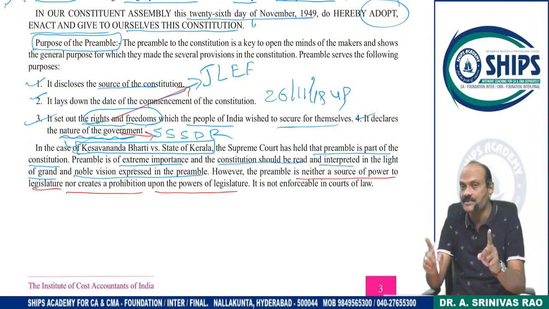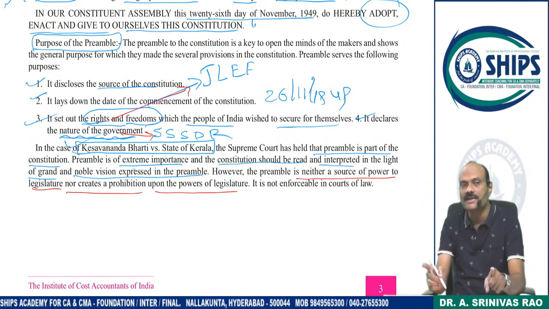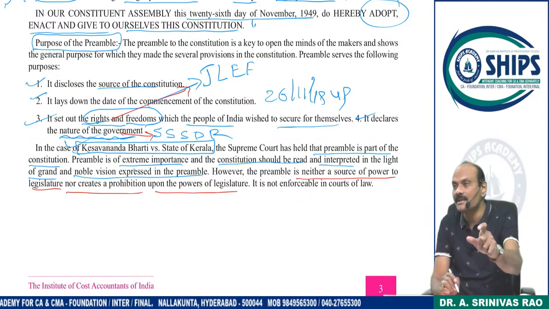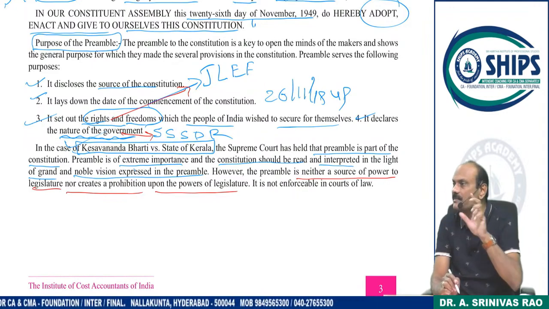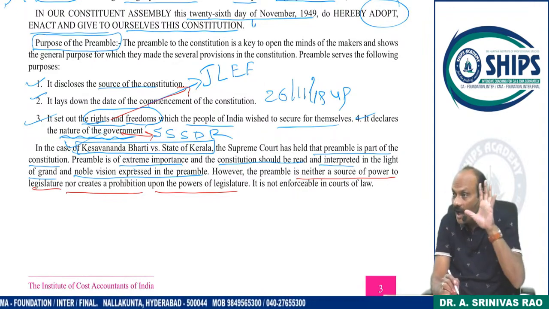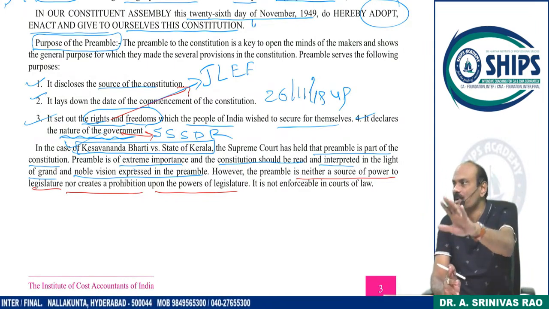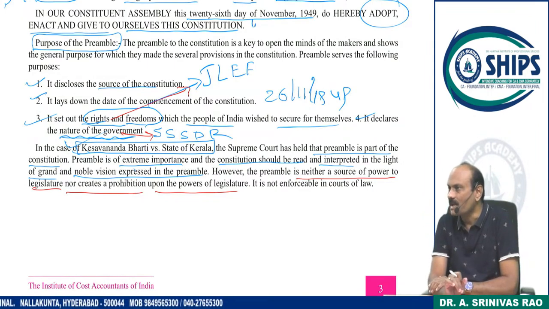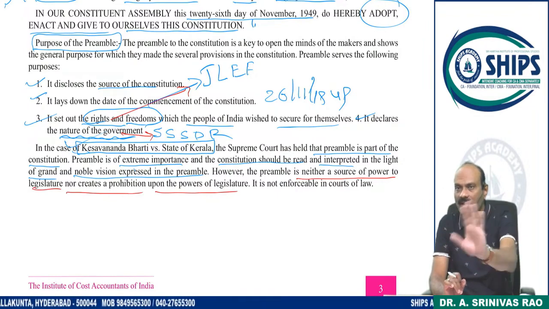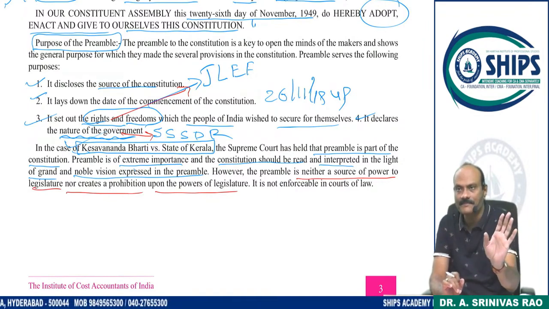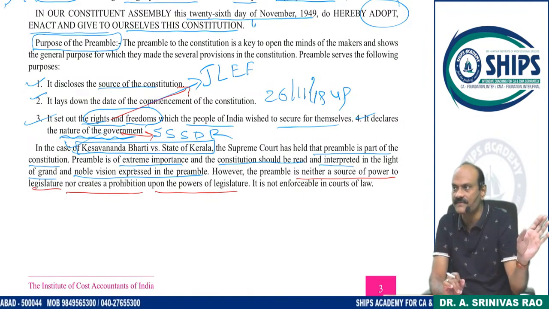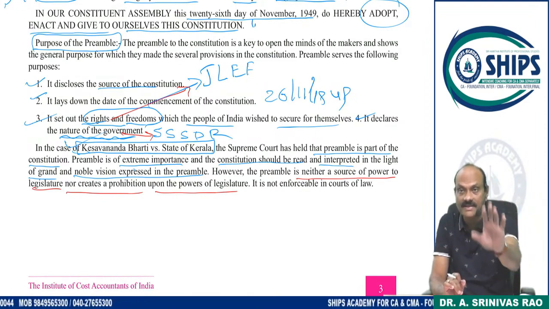The preamble of the Constitution of India is essentially there to understand why this Constitution came into force. What is the origin? If you know the origins, people will understand, okay, this is the purpose of this Constitution. But because of that preamble, your legislations were not made. It is neither a source of the legislation nor does it restrict any person.